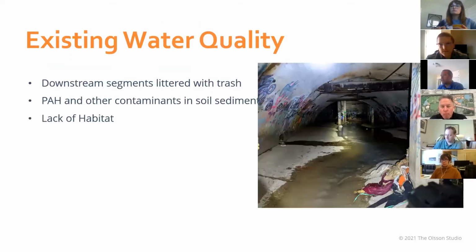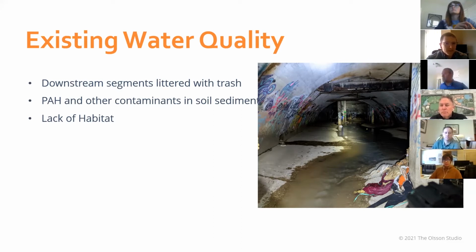Next slide, please. So then quickly on water quality, the existing issues with water quality include trash. You can see in the picture on the right, trash and debris located in the culvert. Downstream, where it's daylighted and natural, there's plastic bags, plastic cups, bottles, normal debris and trash that you'd see in an urban stream environment.